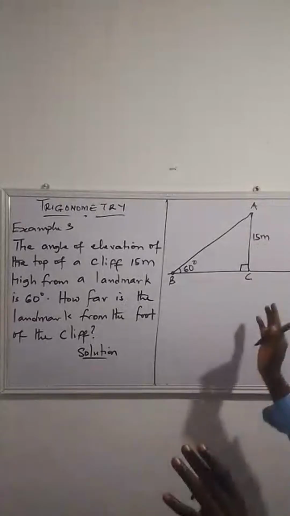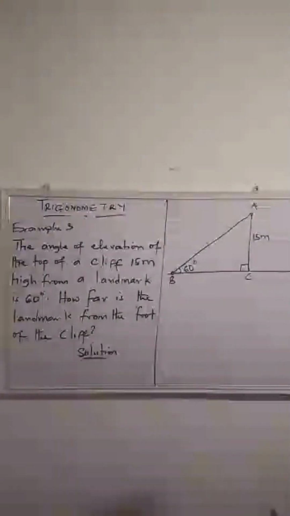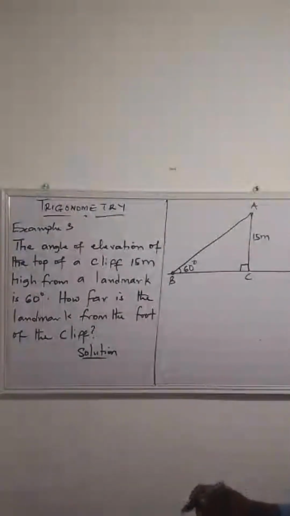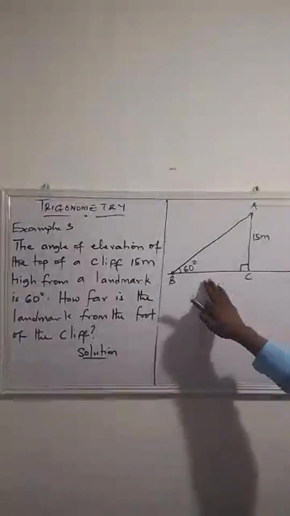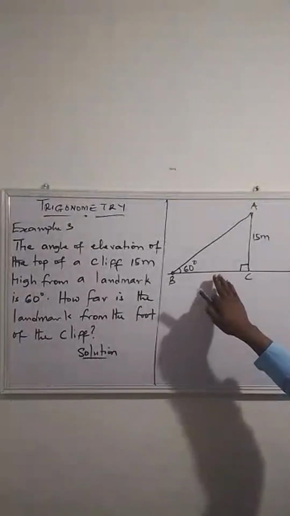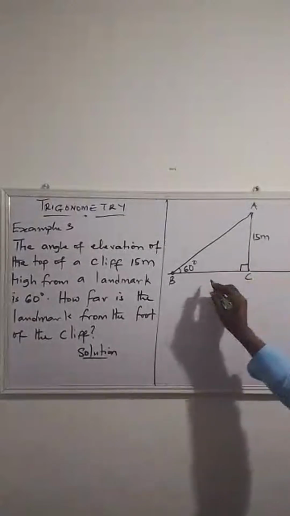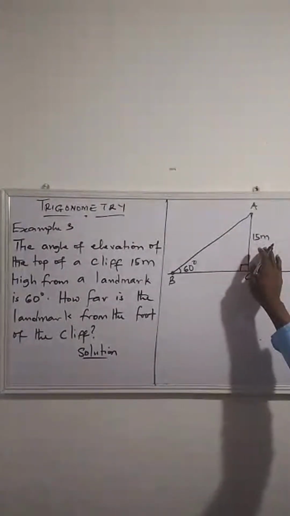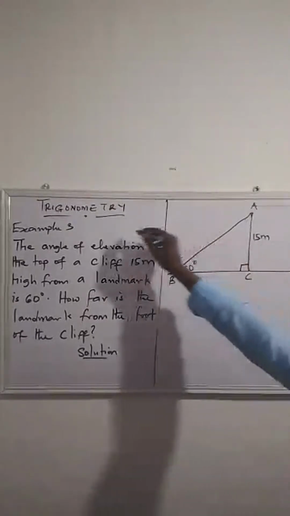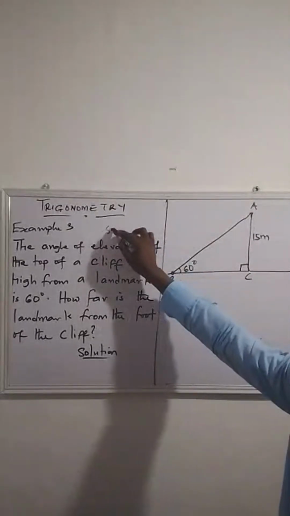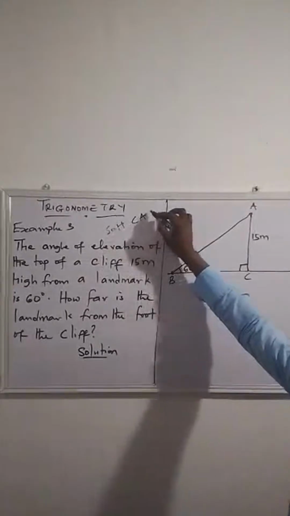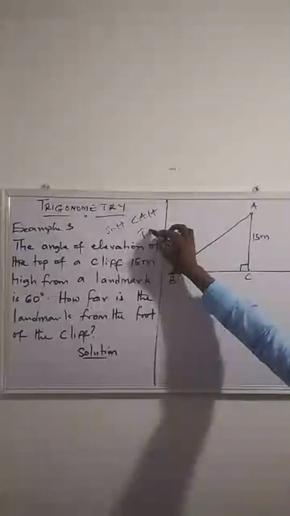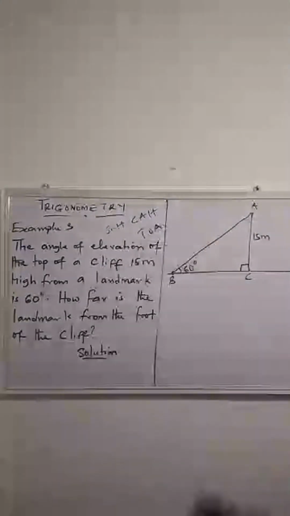Now let's solve this problem. What are the two sides that we're looking at? Because we want to get BC, we look at this side and this side, the adjacent and the opposite. So that's going to be your TOA. Can you see that?